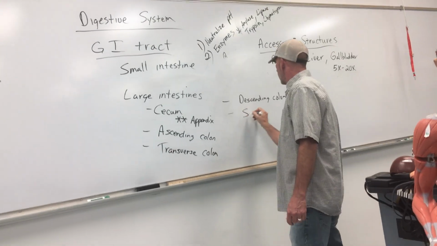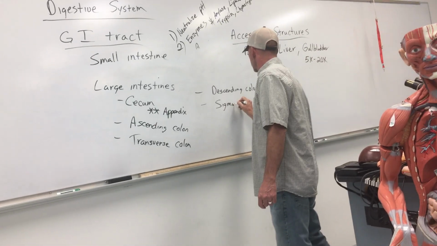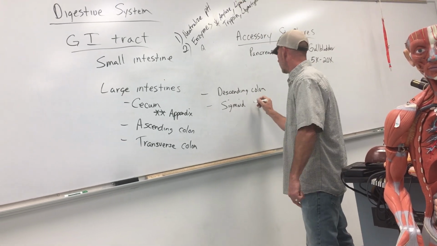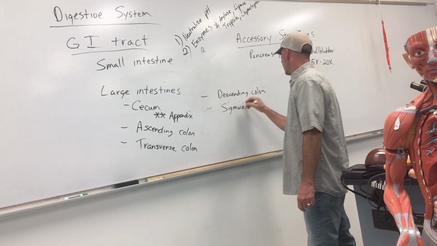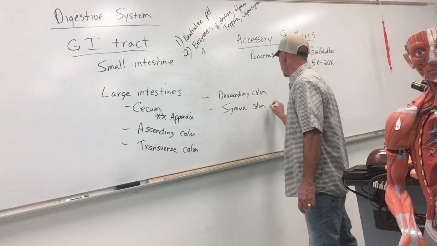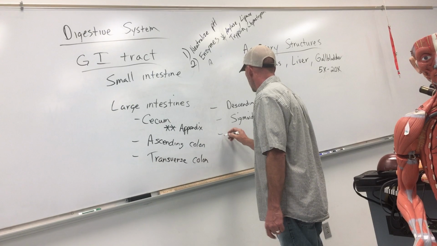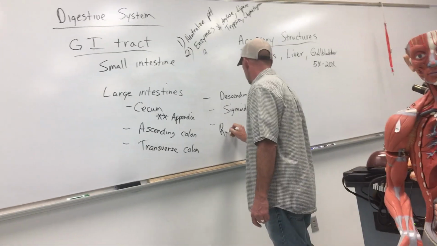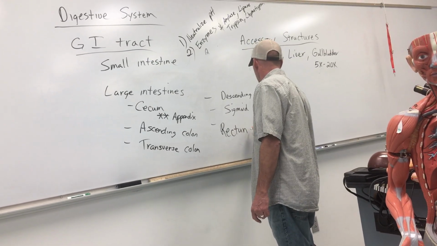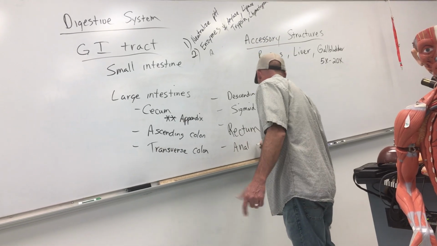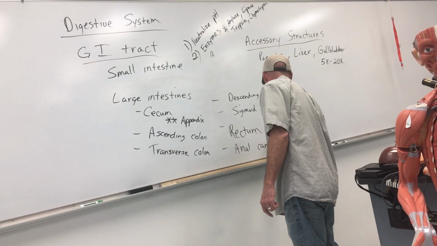Then it's going to do a little curve, and that curve, just like a sigmoid curve in a population study, is known as the sigmoid colon. And then that's going to terminate down to the rectum, the anal canal. And the end of the anal canal we know as the anus.